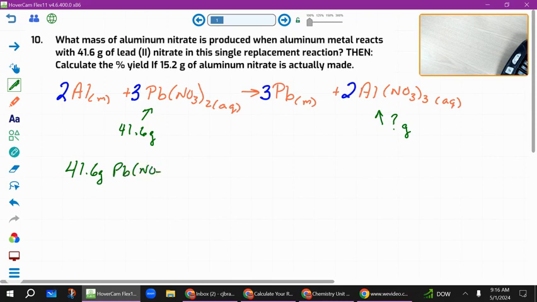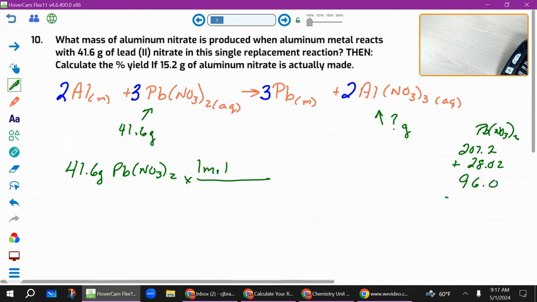And get it into moles. To get it into moles, we use 1 mole on the top. On the bottom, 207.2 plus 28.02. This is Pb(NO3)2. And 6 times 16 is 96.0.